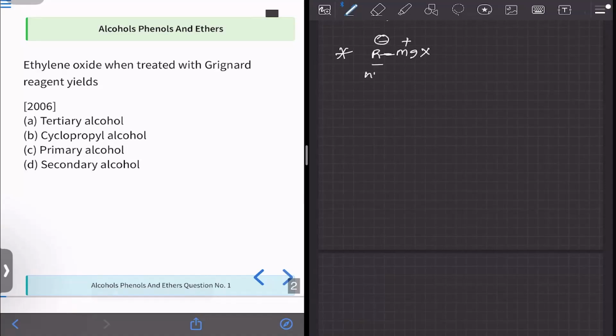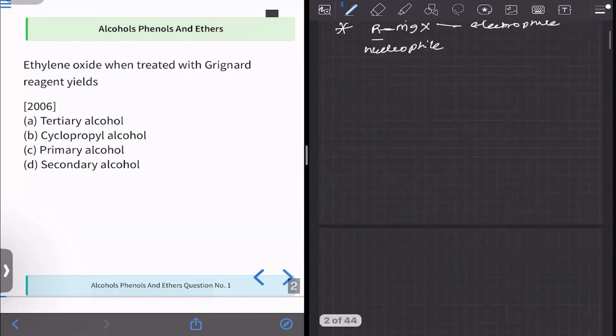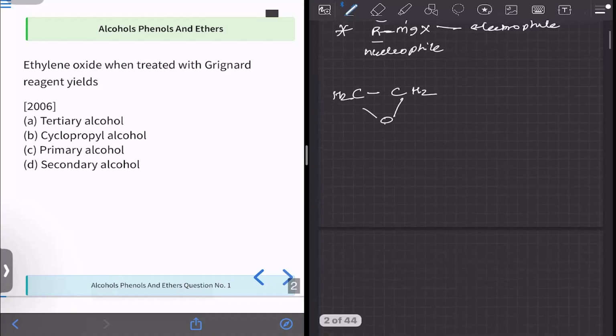So R will be a nucleophile and MgX positive will be an electrophile. When it reacts with ethylene oxide, the formula of ethylene oxide is CH2 enclosed by O. The polarity of this is O negative and carbon positive.